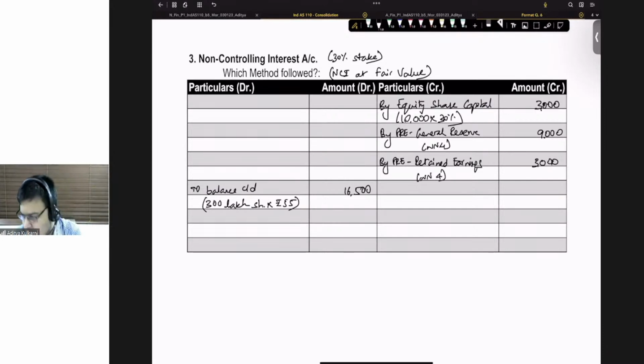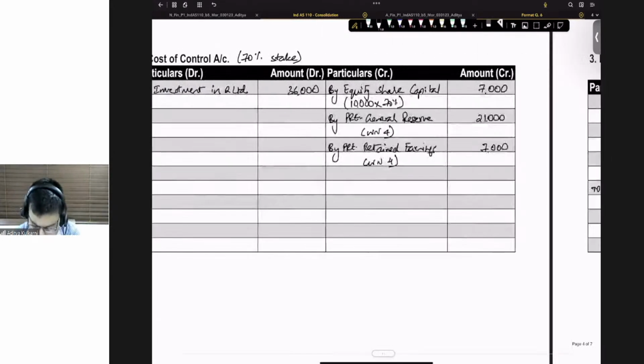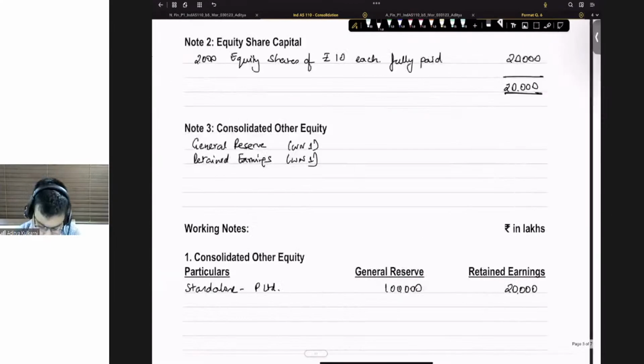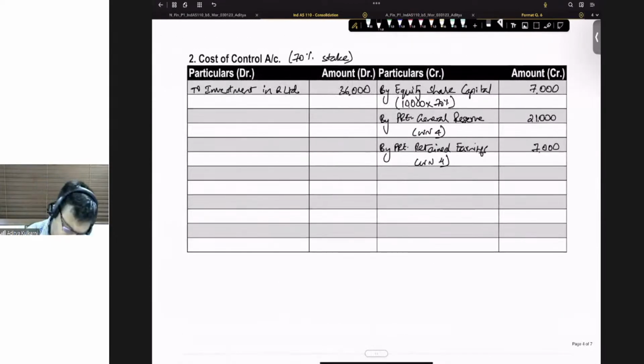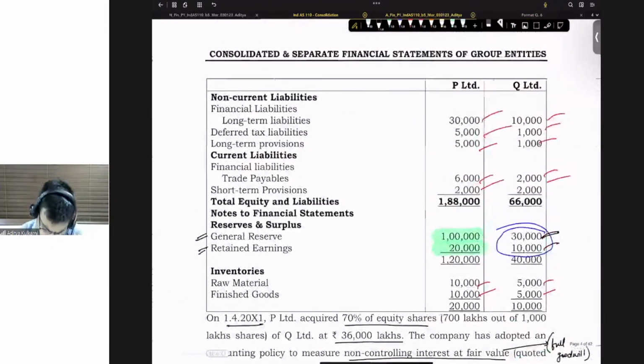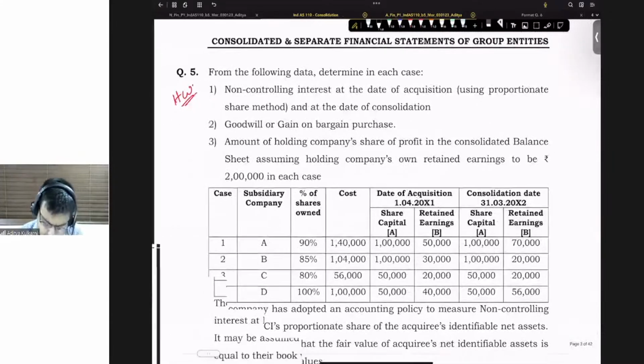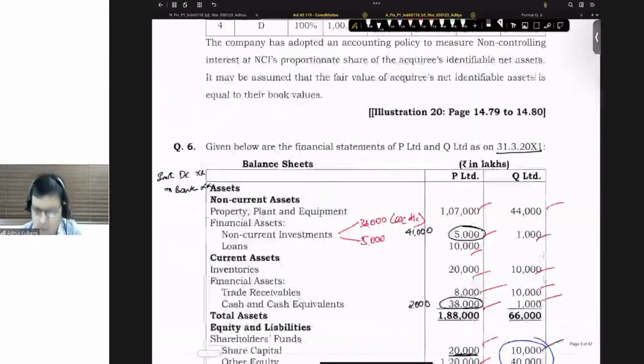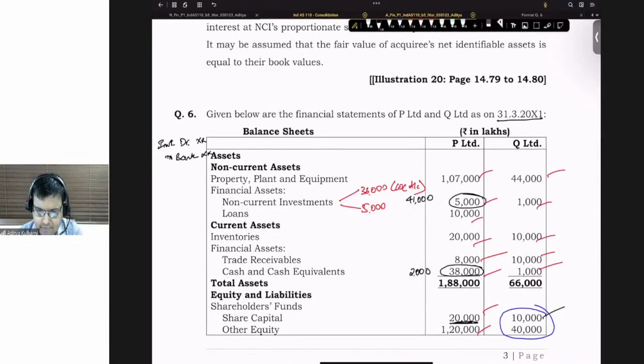16,500. Okay. I have a query why investments and cash are considered at 5,000 and 2,000. See, simple, no? When you are given this balance sheet, in this balance sheet that was given, acquisition had not yet happened. This is as on 31st March 20x1.